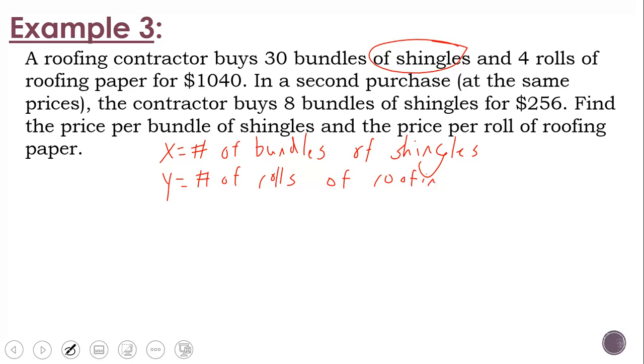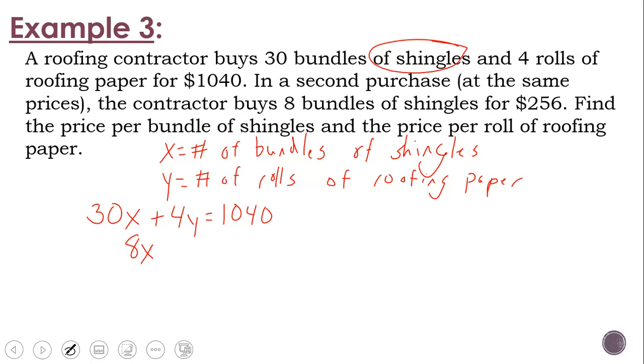There are several ways in which you can solve this. I'm going to create two equations. So my first equation says 30 bundles of shingles and 4 rolls of roofing paper for $1,040. So our equation is going to be 30x plus 4y is equal to 1,040. And my second equation says 8 bundles of shingles.